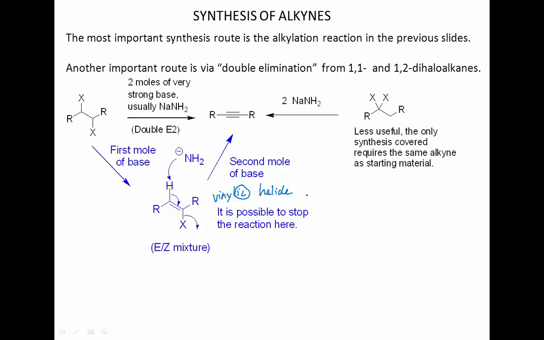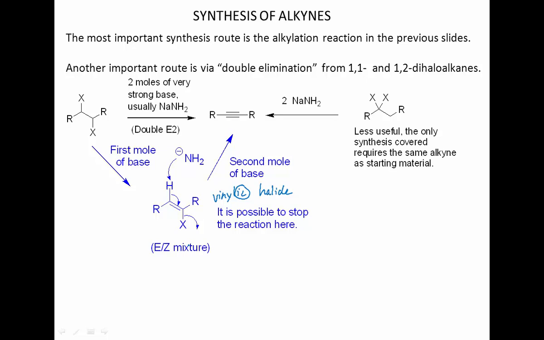And our second mole of base is doing another E2, as you see here. It is possible to stop the reaction at this stage and isolate this compound if you really wanted to. You get this as an E/Z mixture, and the acetylide is generated in the second step from both the E and the Z isomer.